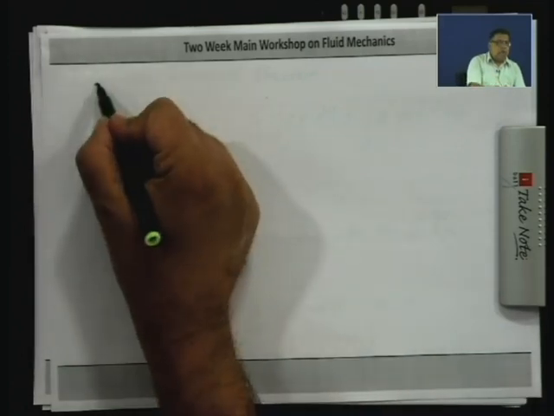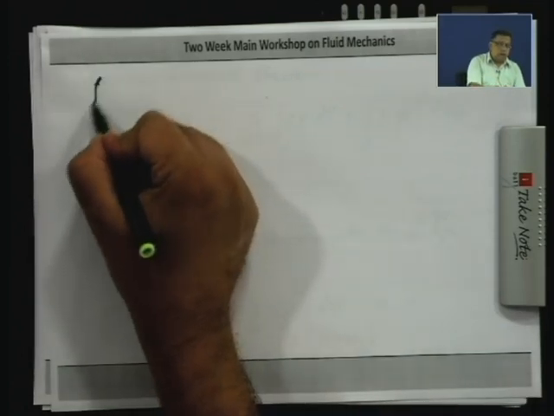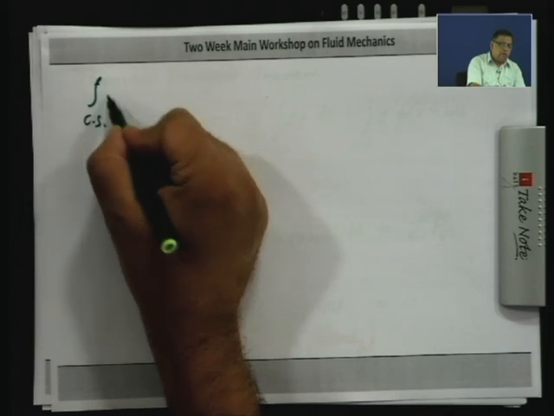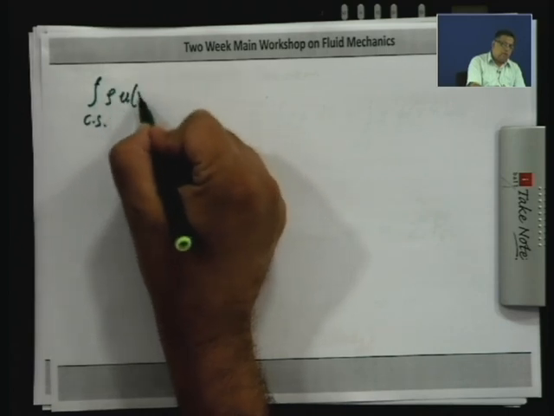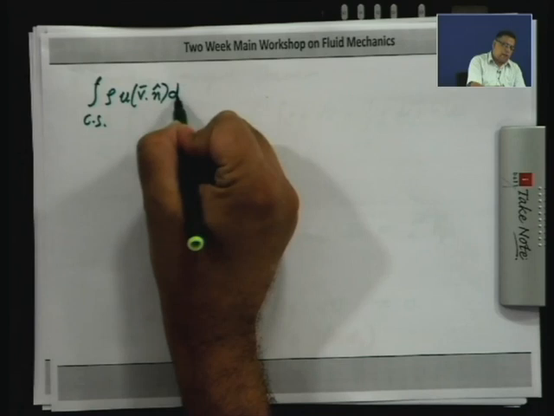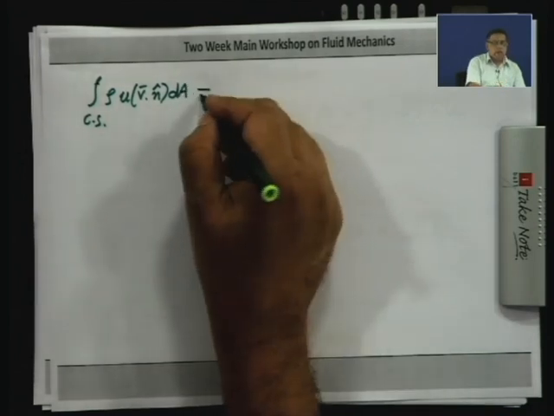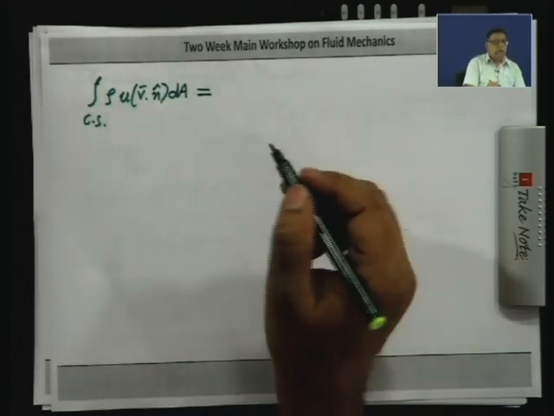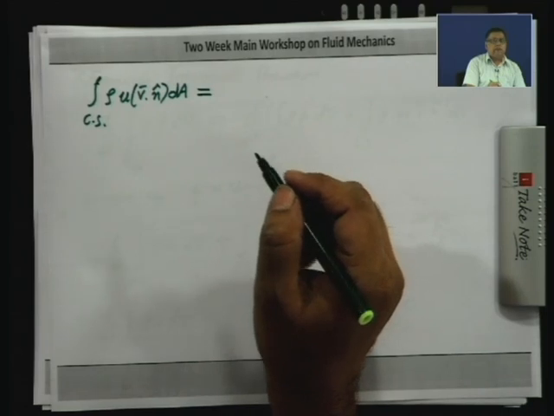So, we will look at integral over the control surface rho u v dot n dA. Once again we will write it as a sum of 4 integrals. We have divided the control surface into 4 parts.